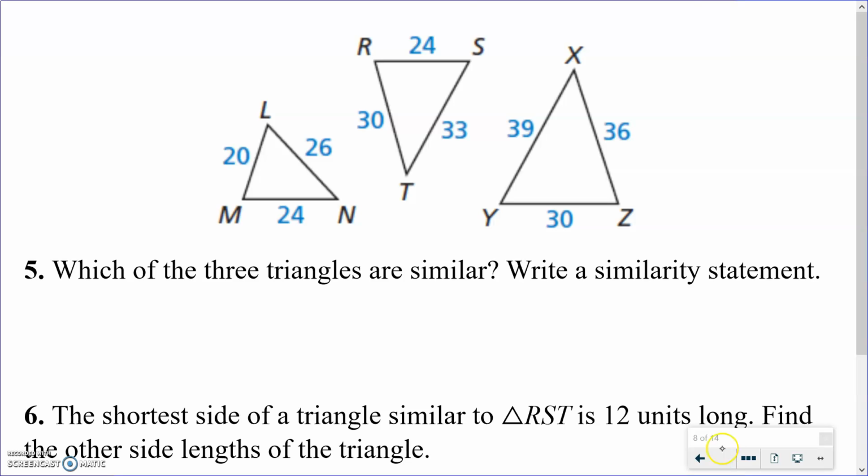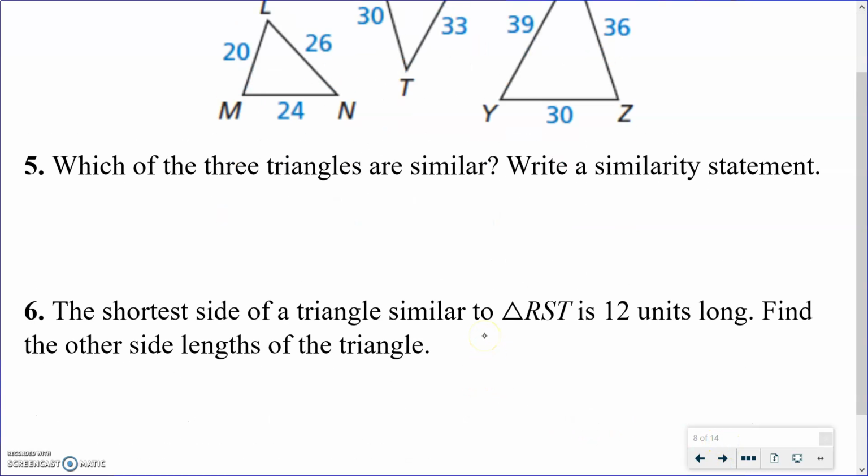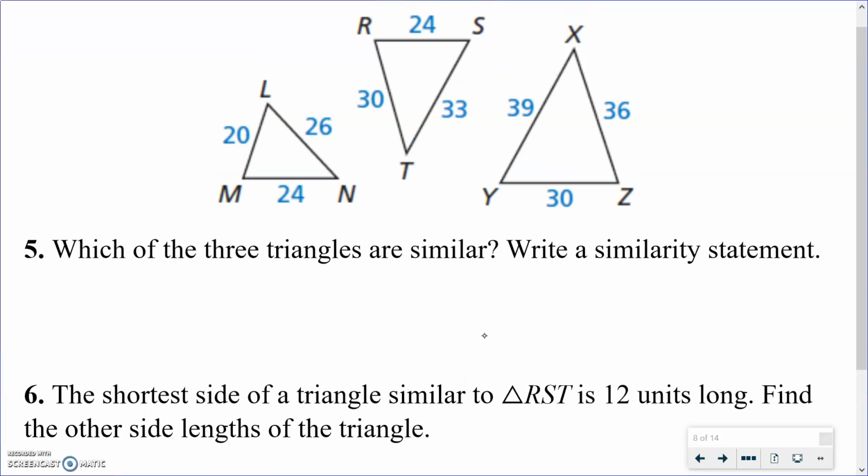Okay, so here we're going to decide which triangles are similar and write a similarity statement. We only have the sides, so I'm going to go with the shortest sides first and compare. I'm going to start with LMN, where 20 is the shortest, and on RST, 24 is the shortest.